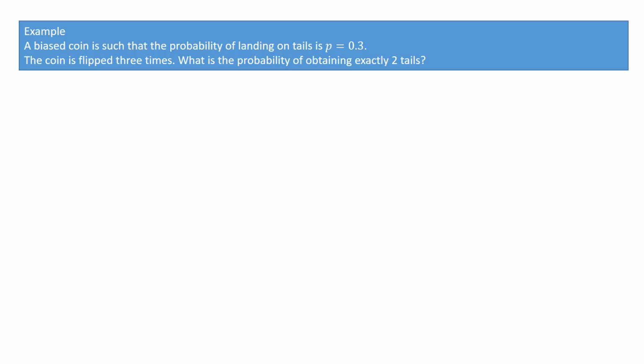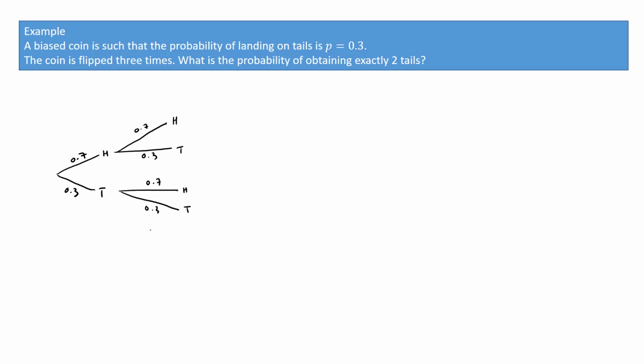So let's get started. With a tree diagram, on the first flip of a coin, we'd either get heads or tails. And remember, this coin is biased, so the probability of obtaining heads is 0.7, and tails would be 0.3. On the second flip, we'd either get heads or tails again, with the same probabilities, 0.7 and 0.3.